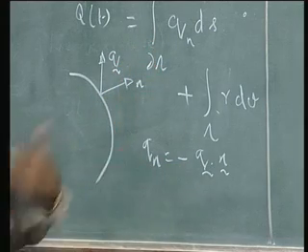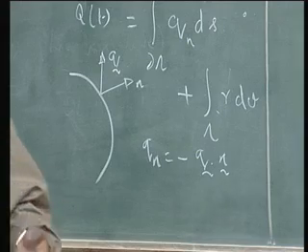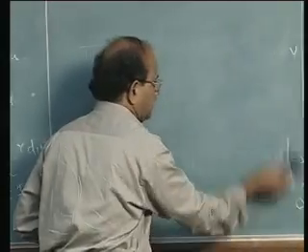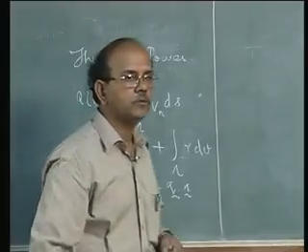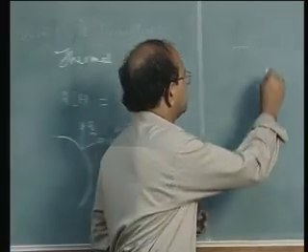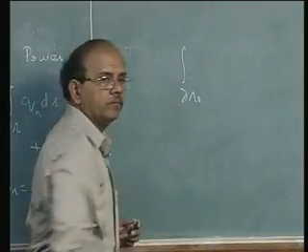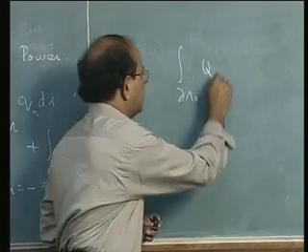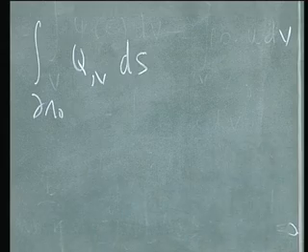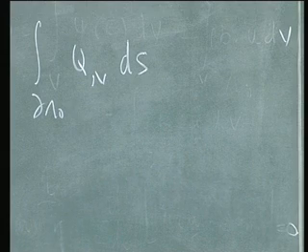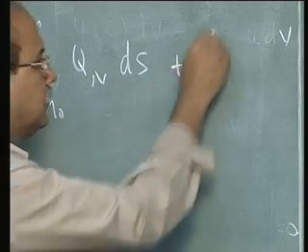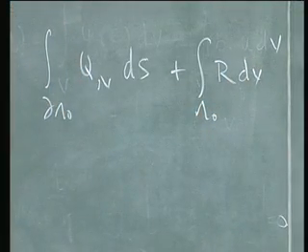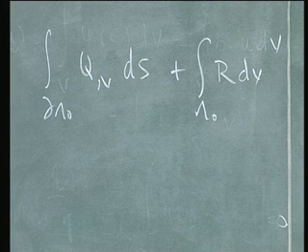This same thing can also be written in terms of the reference coordinate system, in which case you can write it with respect to omega 0. So that can be written as the integral over dou omega 0 with the flux written as capital Q and the normal written as n ds, and the second term written as r dV over the original volume omega 0.